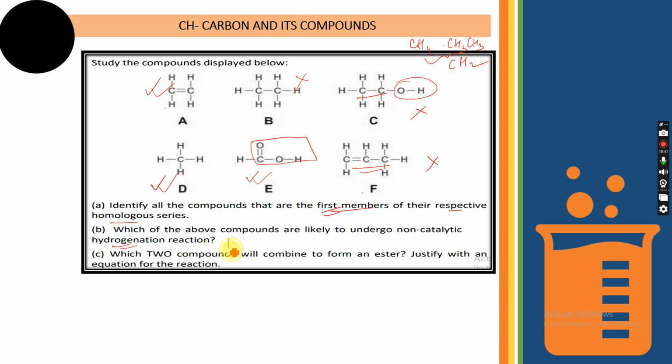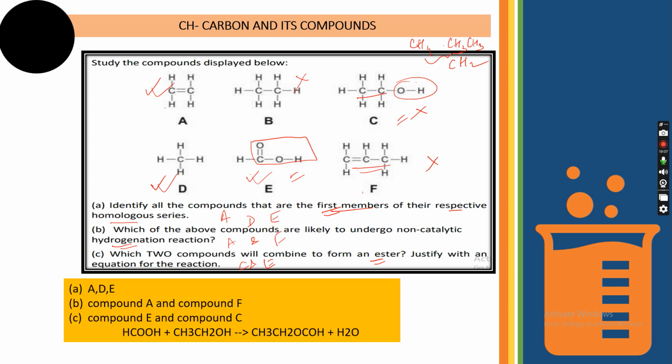So here it will be A and F. And the last one: which 2 compounds will combine to form an ester? I have already said that to form an ester you need an alcohol and a carboxylic acid. So here is the carboxylic acid and here is the alcohol. So C and E, right? So here it will be A, D, E.